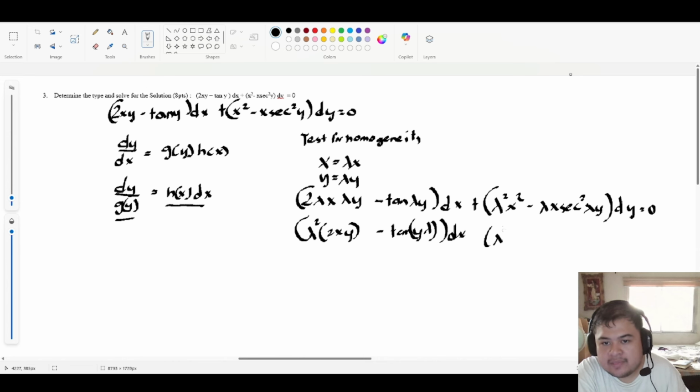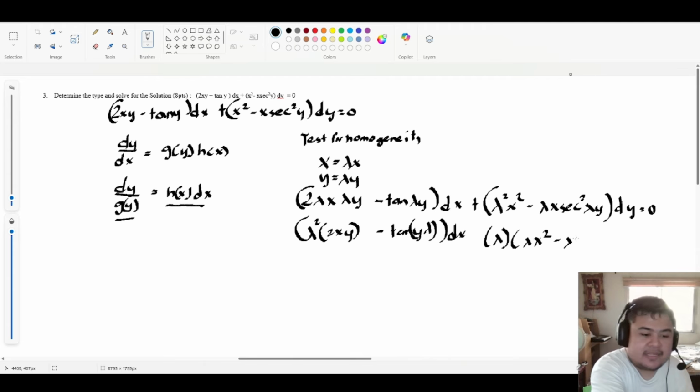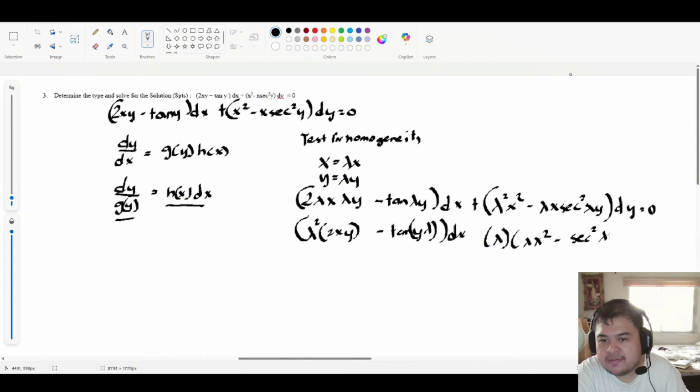So we can just separate one lambda, but still we cannot separate fully. Also, on the right side, the lambda is inside your trigonometric function, meaning this cannot be homogeneous.